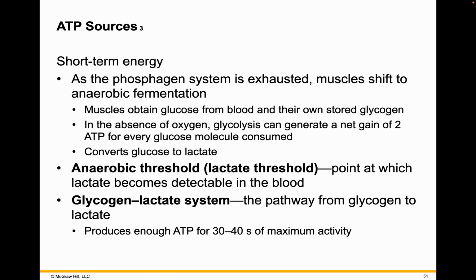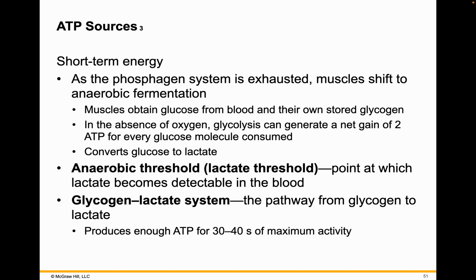As the phosphagen system is exhausted, muscles must shift to anaerobic fermentation. They will obtain glucose from the blood and their own glycogen. They will get a net gain of 2 ATP, but each glucose molecule will produce 2 molecules that are converted into a 3-carbon lactic acid.